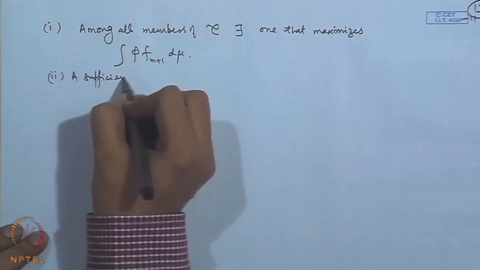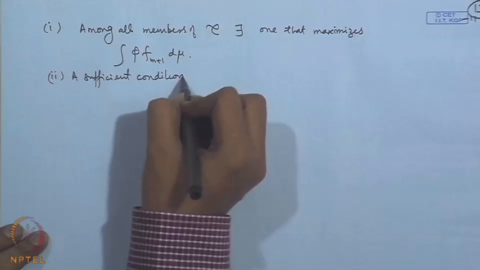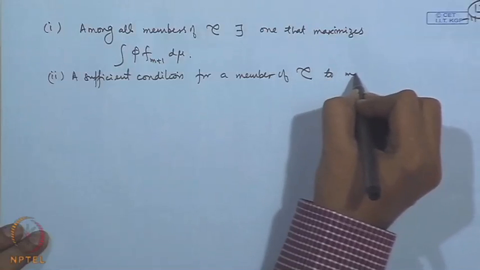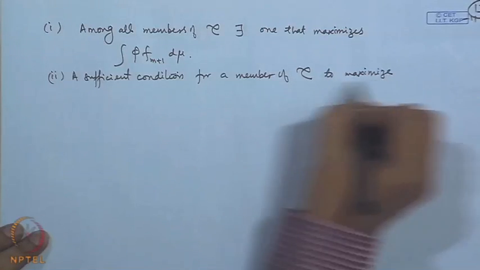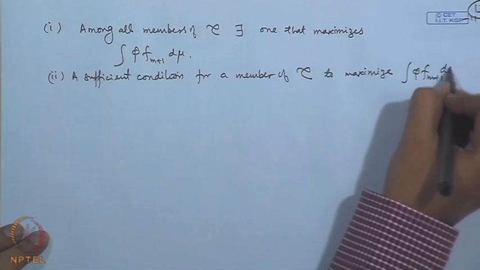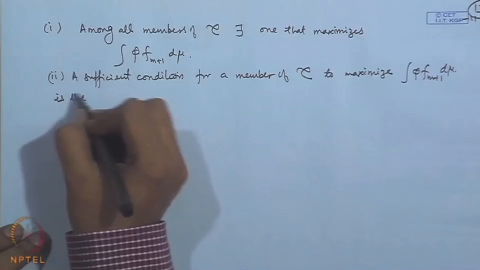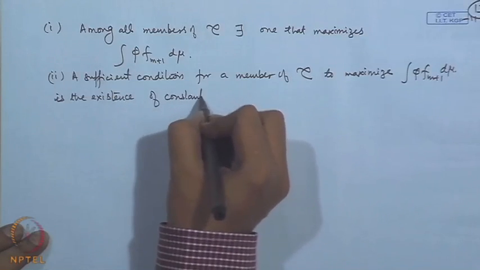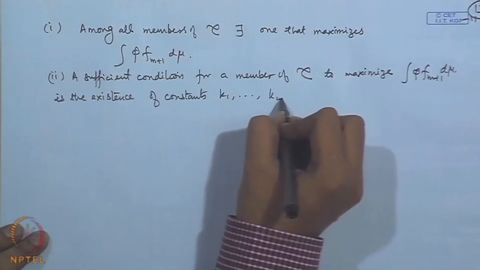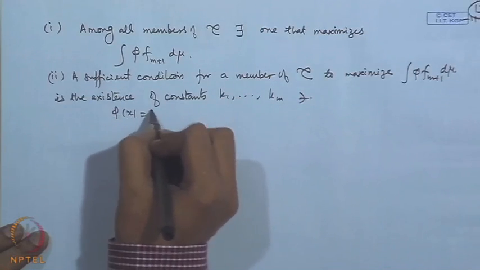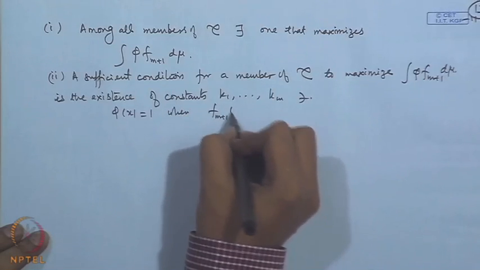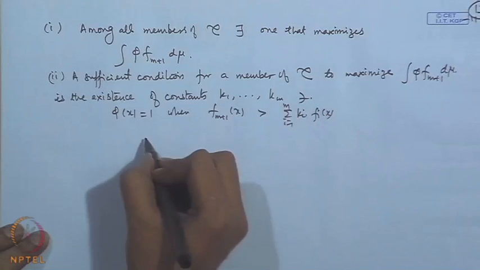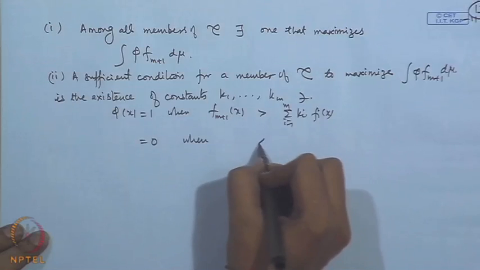A sufficient condition for a member of C to maximize integral phi f m plus 1 d mu is the existence of constants k 1, k 2, up to k m such that phi x is equal to 1 when f m plus 1 x is greater than sigma k I f I x, I is equal to 1 to m, and it is equal to 0 when it is less.